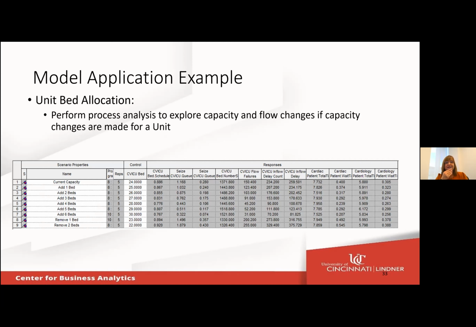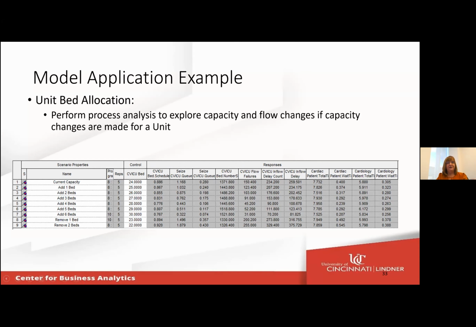Here's just a quick example of how we simulated using the model to assess bed allocation. You can see we identified different scenarios: our current state, adding 1 bed through 6 beds, removing 1 bed or 2 beds, and then we identified key measures that we wanted to look at to evaluate what happened.